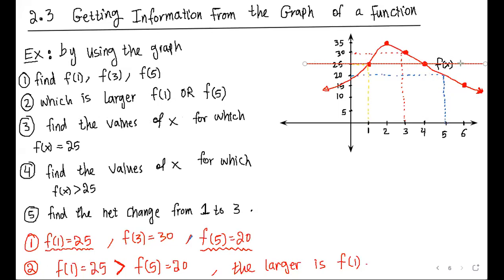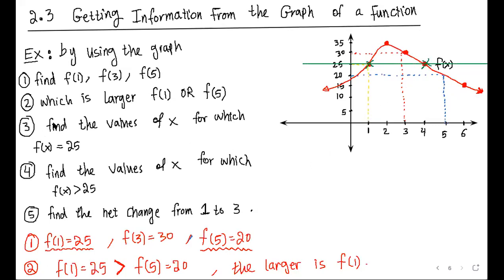Let me choose a different color. I'm going to use the green color. When they ask what's the value for x for which f of x is 25, the easiest way to think is to draw a horizontal line at 25 and check which points intersect the curve at 25. Here I see the curve intersects the horizontal line at this point and at this point.